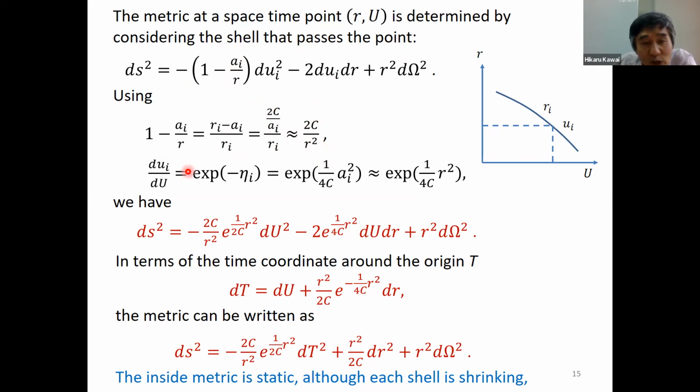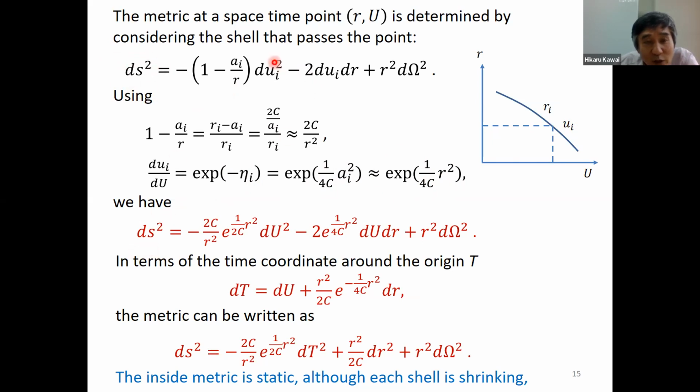Also, du_i over dU is by definition exponential of minus eta_i, and we have seen that eta_i is minus 1 over 4C a_i squared. And a_i is R, so in the continuum limit this is exponential of 1 over 4C R squared. In this way, we have the metric in the continuum limit.